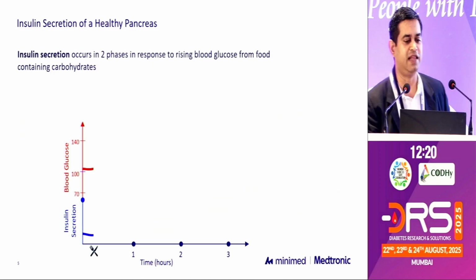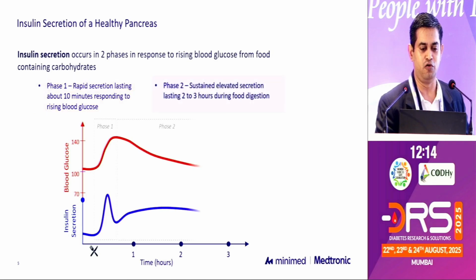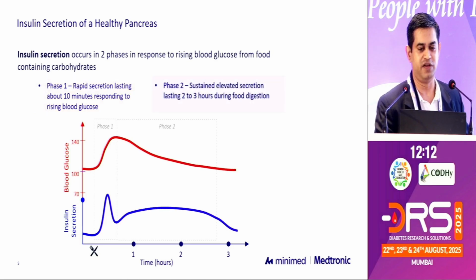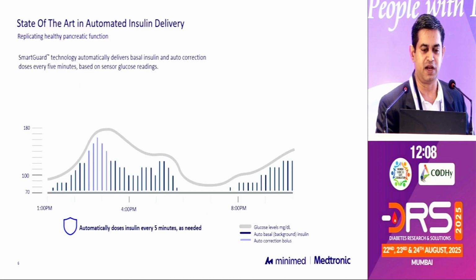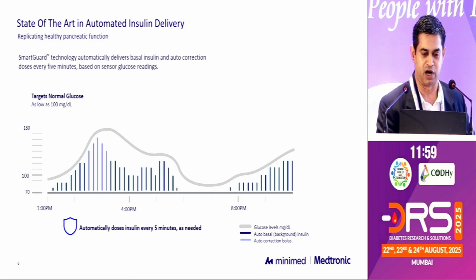Now this is a healthy pancreas. In those who are non-diabetic, depending on the glucose, our pancreas secretes first phase, second phase. All of us know that. Similarly, the automated insulin delivery system works depending on the target. You can set a target of 100, 110, 120. In some pumps, it can be 150.